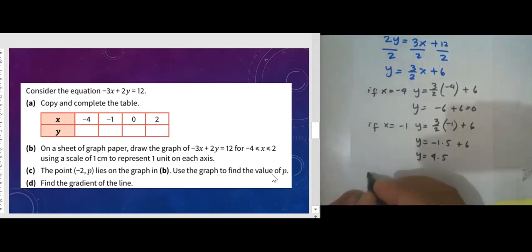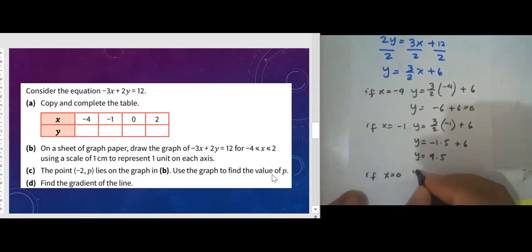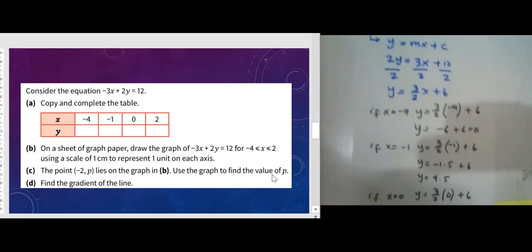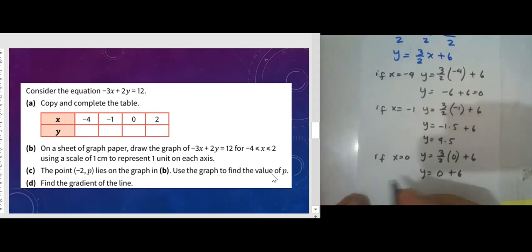The second to the last one, if x is equal to 0, again, you can pause the video if you would like to try it by yourself. All right, so y is equal to 0 plus 6 and y is equal to 6. So now you put there 6.